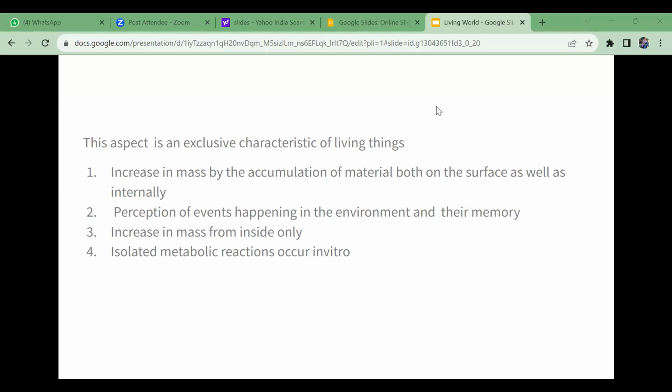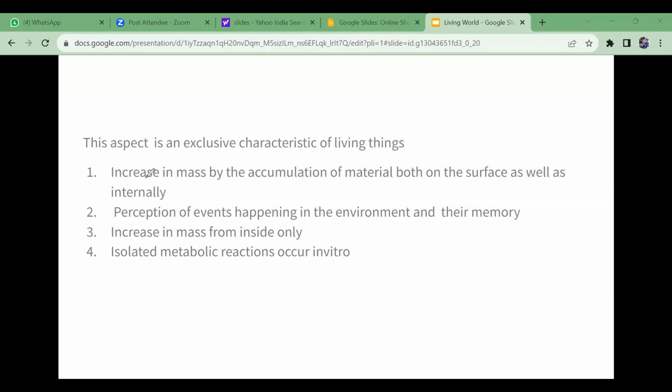So you need to search among these. Those who went wrong, see. First one, what they are saying: increase in mass by accumulation of material both on the surface as well as internally. Yes, I agree. It is a characteristic of a living organism. But is it a characteristic, or is it growth? It's talking about growth, and growth we consider as a characteristic feature, not a defining feature.